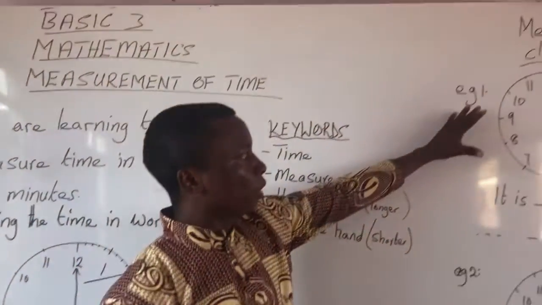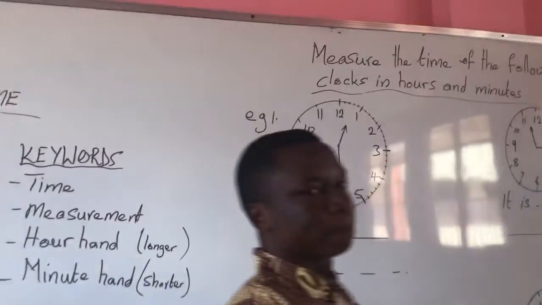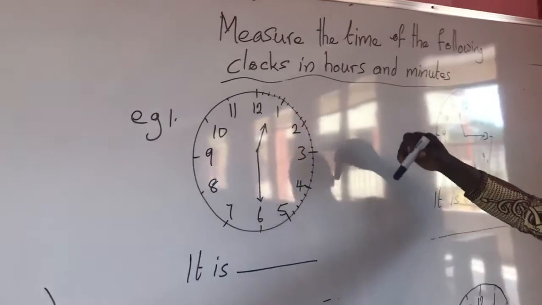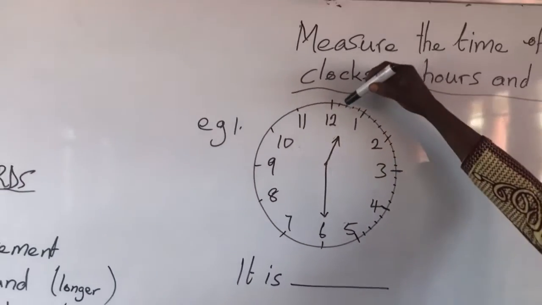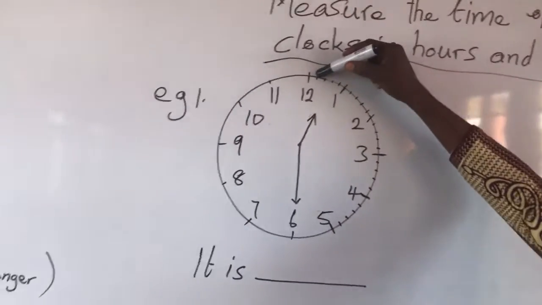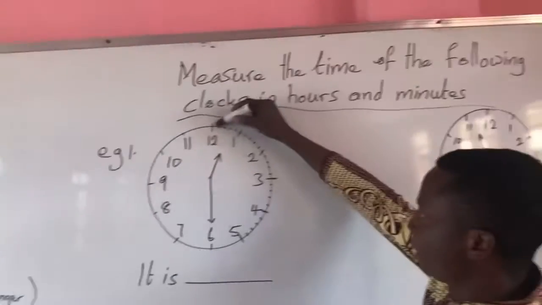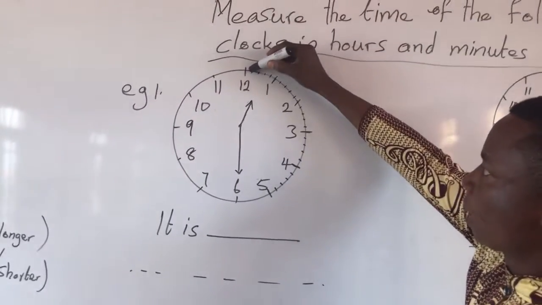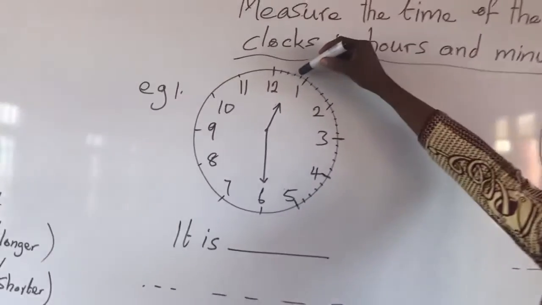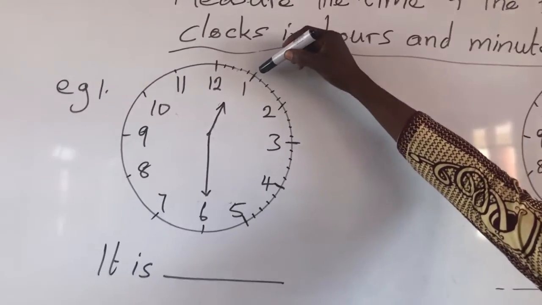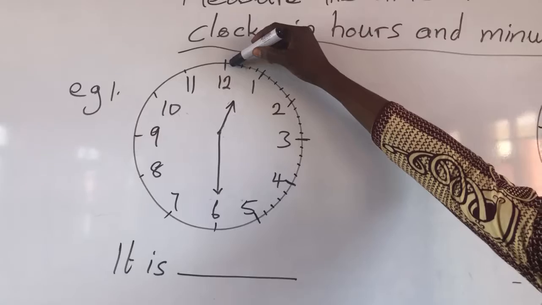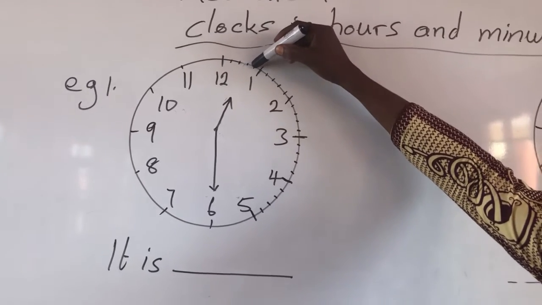Look at this clock here. From here, the small stick here, we count 1, 2, 3, 4, 5. Let's count again. 1, 2, 3, 4, 5.